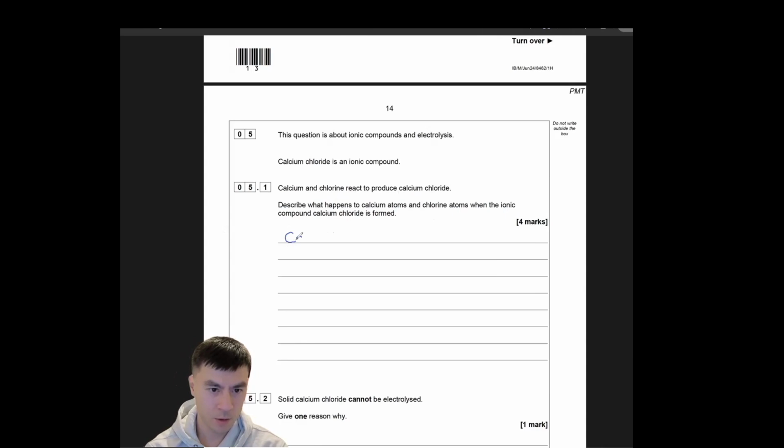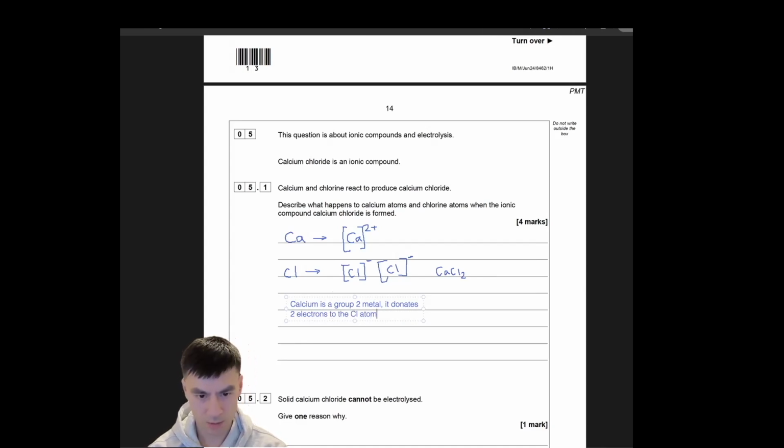Calcium is group 2, so it becomes Ca2+ ion. Chlorine is group 7, so it becomes a 1 minus ion. The two electrons go to two group 7 atoms, so it forms CaCl2. If you write just this you already get marks, but obviously in the exam you explain a little more. Calcium is a group 2 metal. It donates 2 electrons to the chlorine atoms to form 2 chloride ions with a minus charge each.